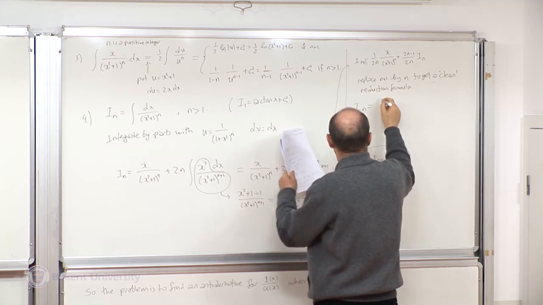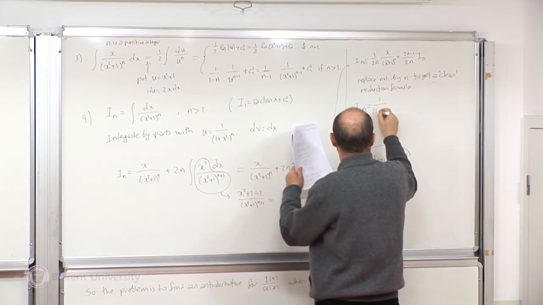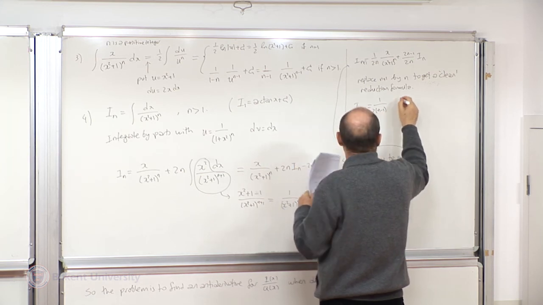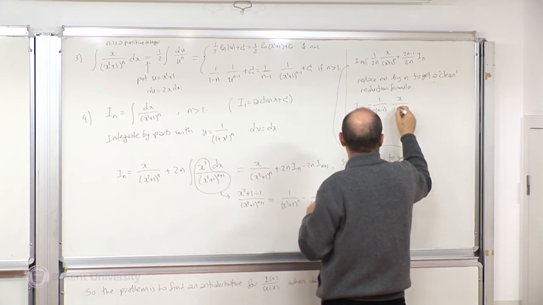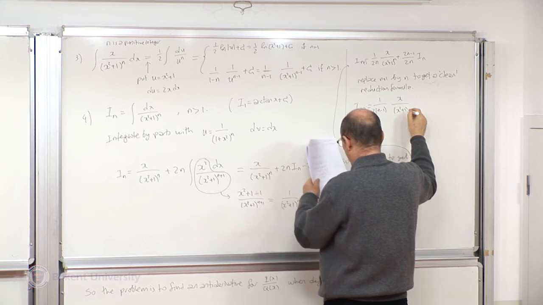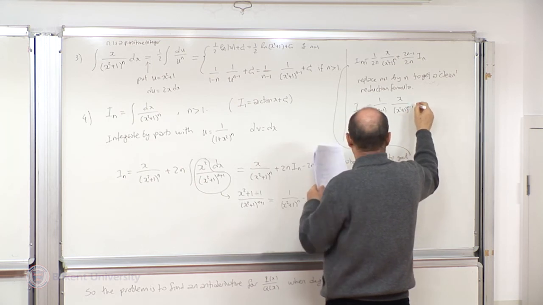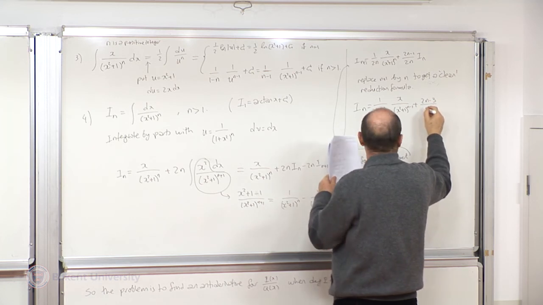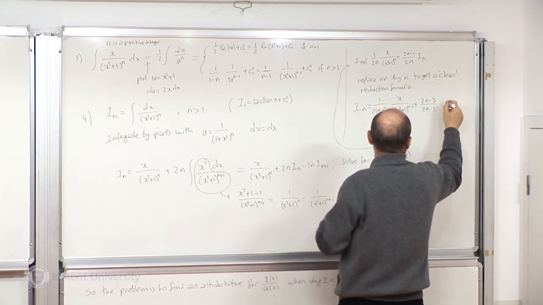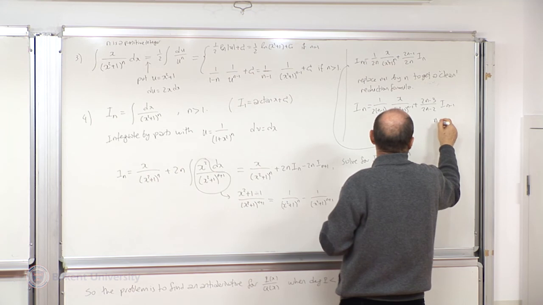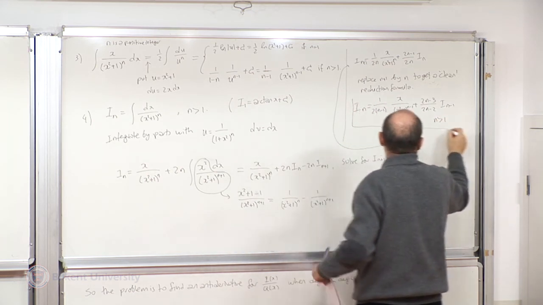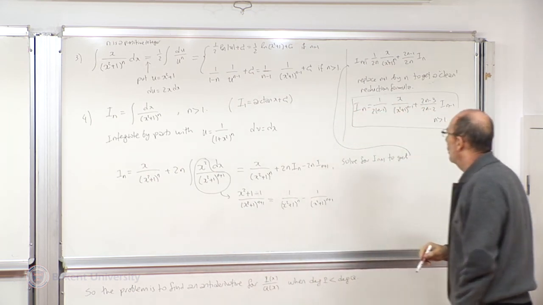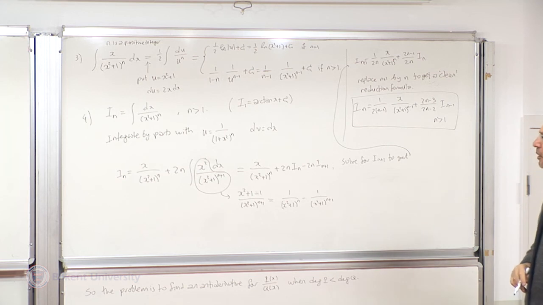I_n is 1 over (2n minus 2) times x over (x squared plus 1)^(n-1), plus (2n minus 3) over (2n minus 2) times I_(n-1). This is true for n larger than 1. So if you are writing software, this is how you do the reduction.